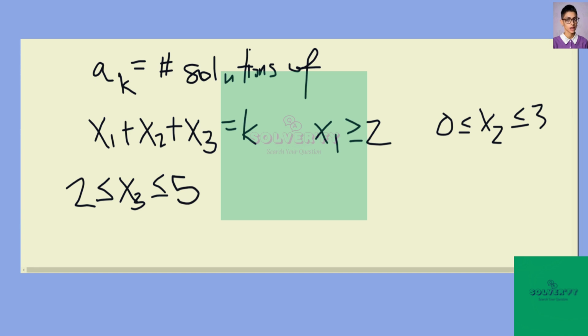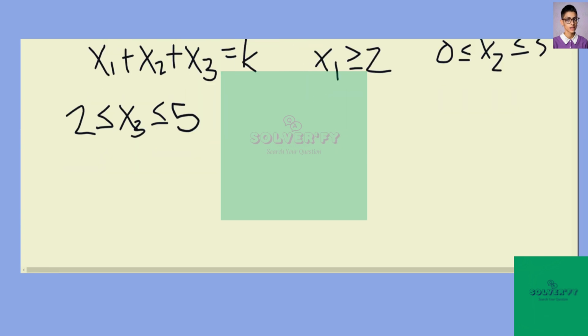So, to find the generating function, first consider that the series representing x1 should contain only terms with power at least 2. So the series representing x1 is going to be x squared plus x cubed plus x to the fourth, and so on.